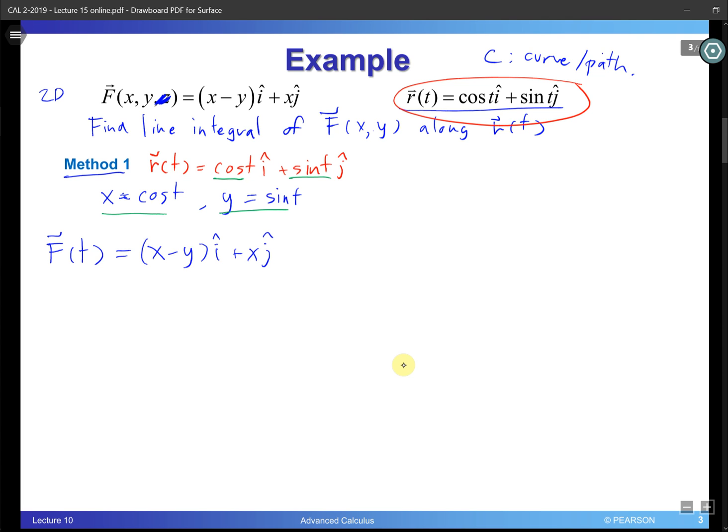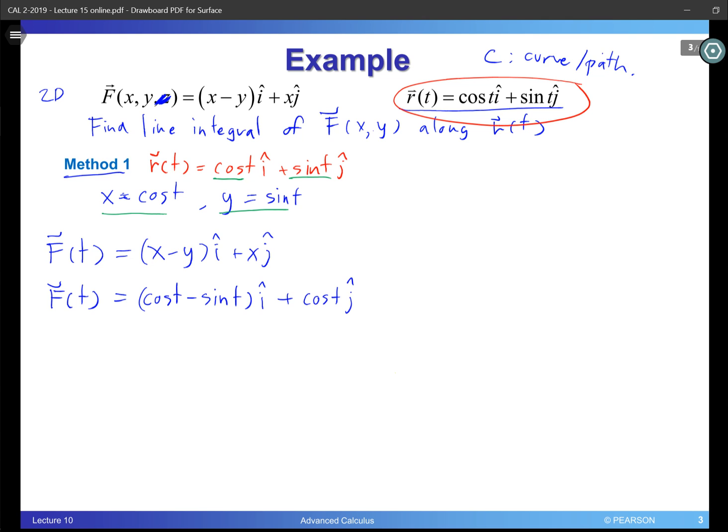So we have x equal to cosine t, minus y equal to sine t, first component i, plus x equal to cosine t, j. So this is F as a function of time.